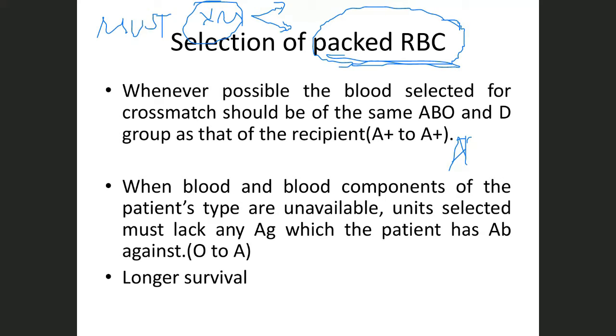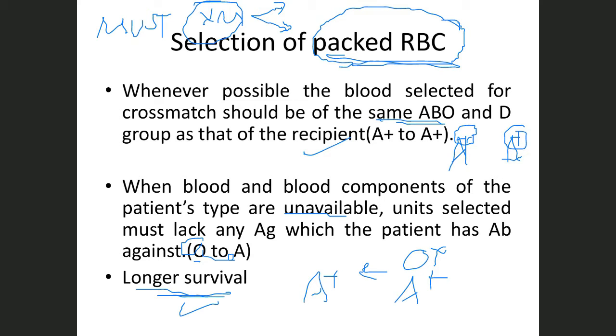The most acceptable choice is to use the same ABO, so for A, use A. When the patient's own type isn't available, as we said, we have a second choice, for example giving O blood to A. If I transfuse A with A, or with O, this will ensure longer survival. I want the donor cell to stay for a long time in the patient.